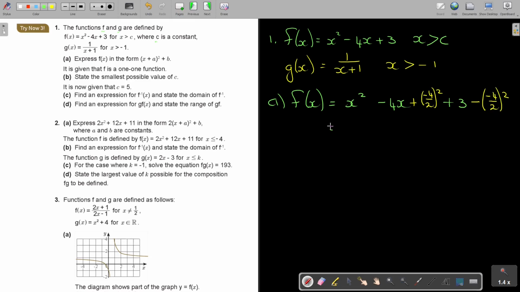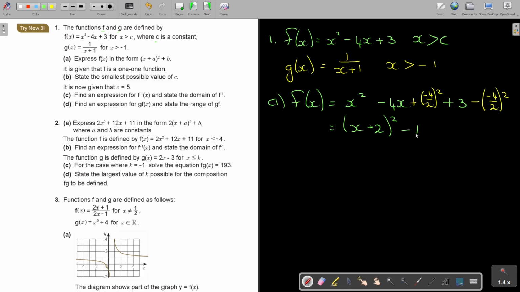Now if I make the bracket, it's going to be x, this is the negative, and it's always that inside, not the square. So it's just 2, and the square is out. So it's a perfect square. And then this is going to be 4. So it's 3 minus 4. So this is going to be negative 1.